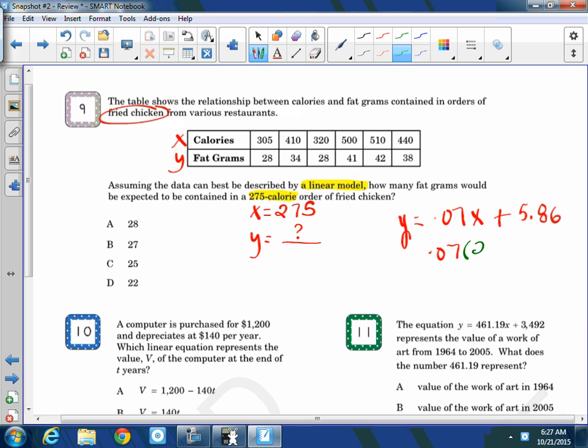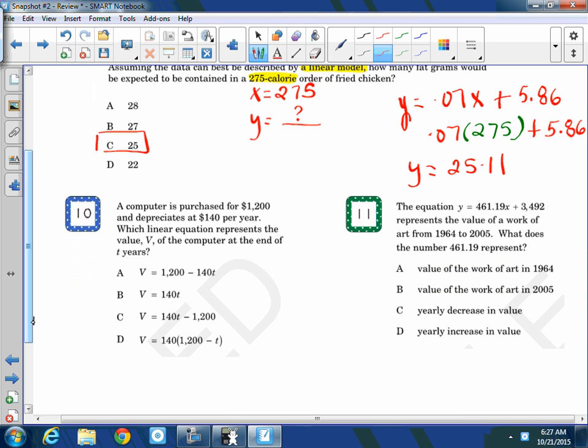So instead of X, I'm going to write down 275. And I could actually probably round that to 6. Oh, sorry. I can round down to 6 and that 0.07 to 0.1. All right. And when you do that in the calculator, you get that Y equals 25.11. So the correct answer would be C.